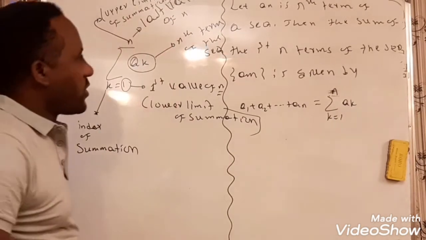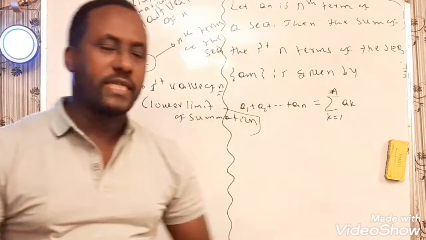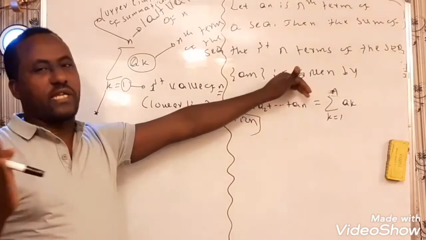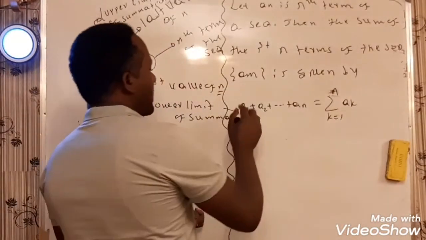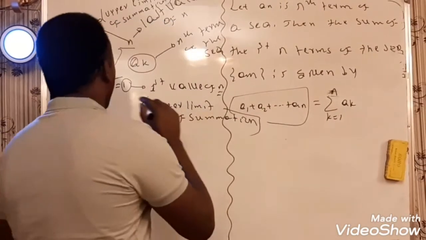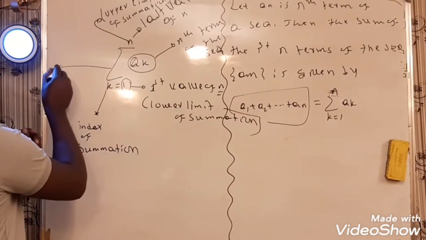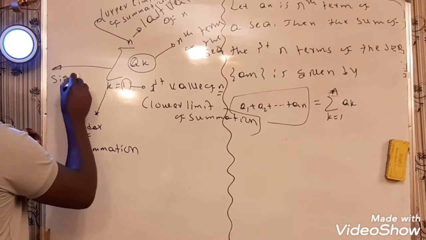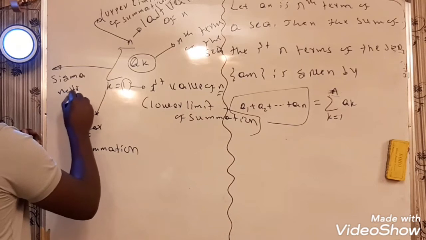So this is the main concept of sigma notation, and how it is important to denote or describe the sum of the first terms of any sequence in general. This is the shorthand representation of the summation. And this Greek symbol is known as sigma notation.